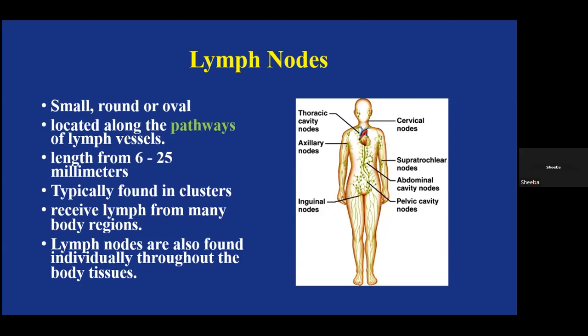In our body, there are around 600 to 700 lymph nodes, located along the pathways of the lymphatic vessels. They are around 6 to 25 millimeters in length, typically found in clusters. Their main function is to receive lymph from many body regions and filter out harmful substances.